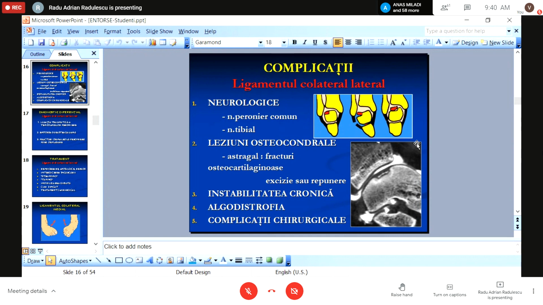Well, the consequences of this happening is that, first of all, the joint will be locked, like always when we have a loose body inside the joint. And second, the integrity and the anatomical shape of the dome of the talus will be damaged.